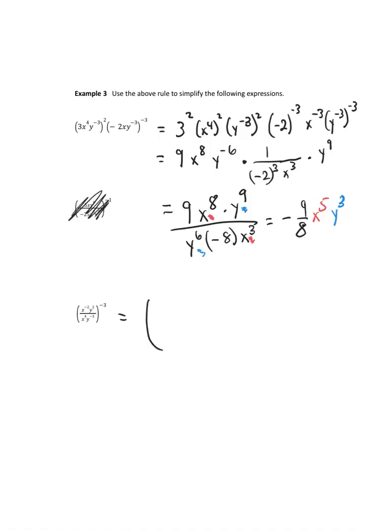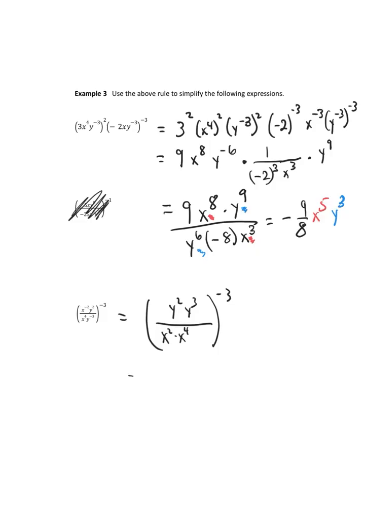So we got a fraction. X to the negative 2 flips down to be x squared on bottom. We had an x to the 4th on bottom that stays. We have a y squared up top. That y to the negative 3 that was on bottom flips up to be y to the positive 3.